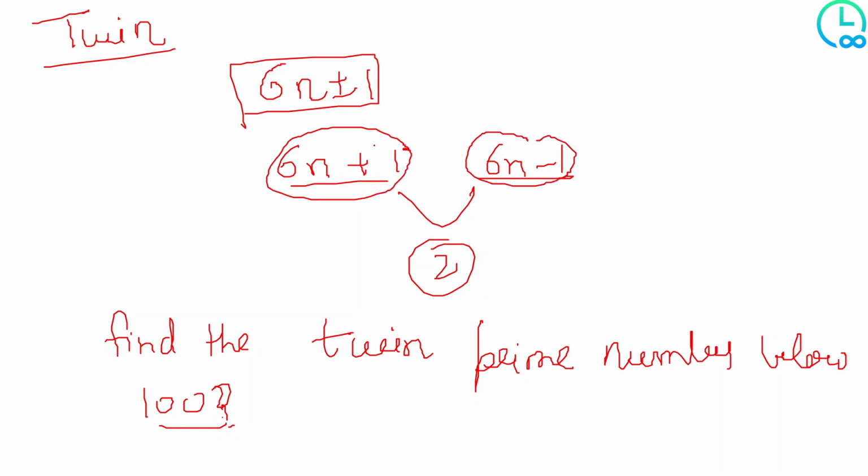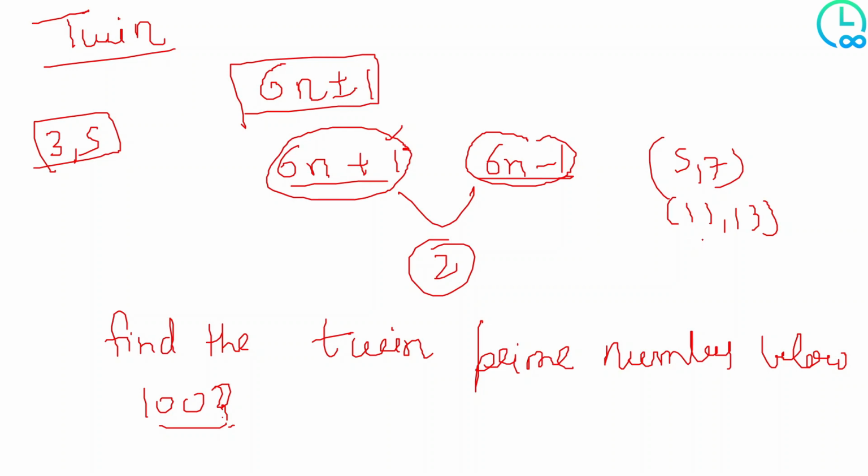First, this is valid for numbers greater than or equal to 5. So below it, 3, 5, you'll write. And after that, you will use this formula. I put 1 here, so I got 5, 7. This is a twin prime pair. Then you put 2 here, so that is 12 minus 1 and 12 plus 1, 11 and 13. So this is 11, 13. This way you will get all the twin prime numbers.